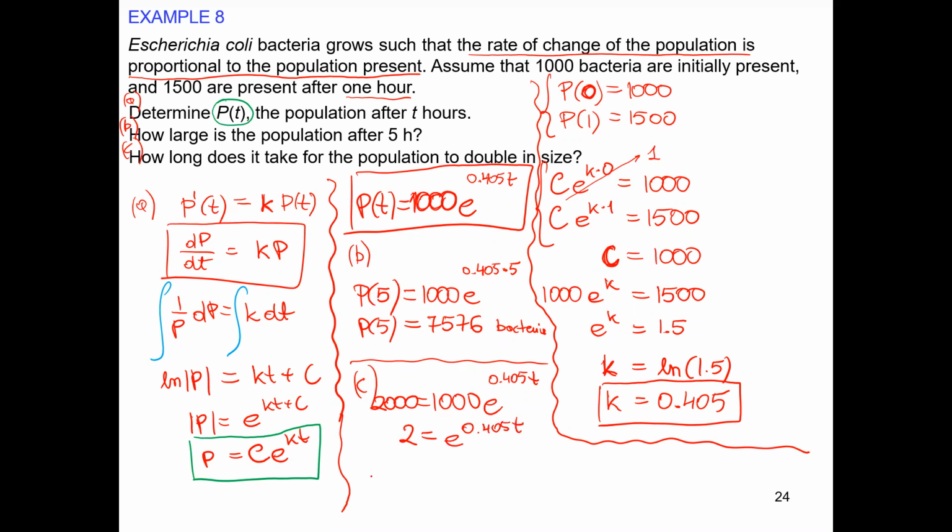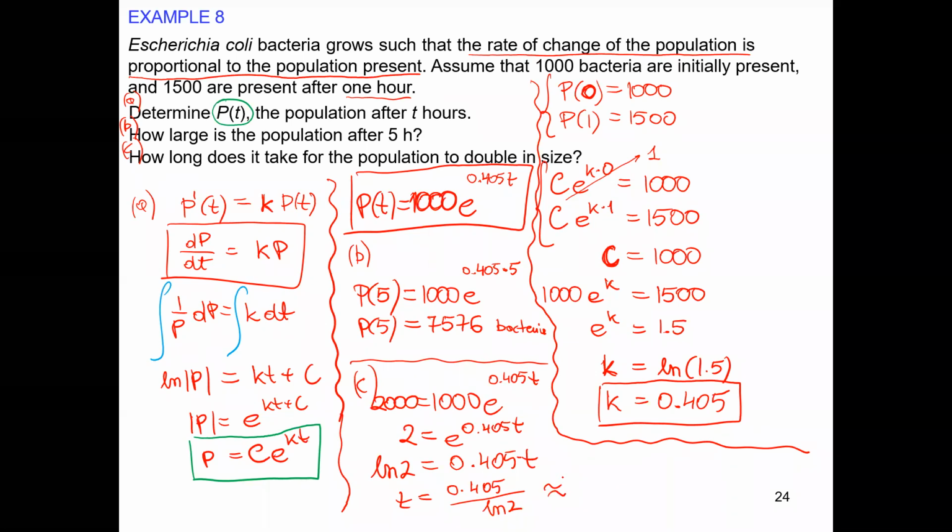this, and when we take the natural log, we will have 0.405t, because natural log of e is 1, and then basically t is that number divided by natural log of 2. And I use the calculator, I got 1.71, and this is time.